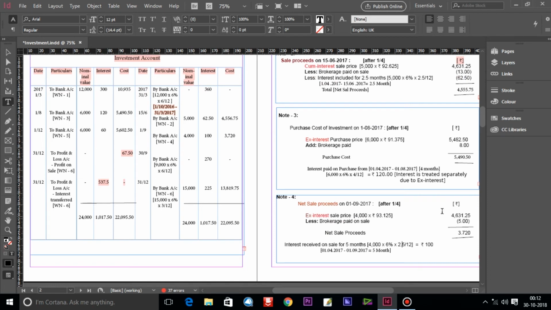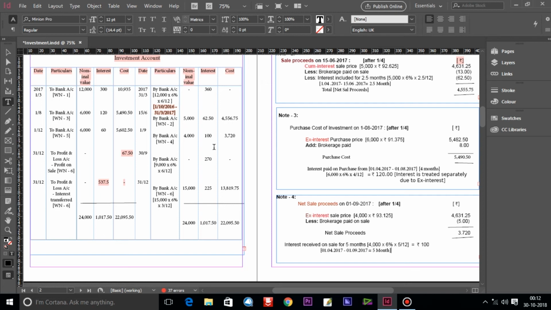Therefore, interest received on sale for 5 months, that is 4,000 into 6% into 5 by 12, we are getting rupees 100 as interest. And we have to put interest under interest column.